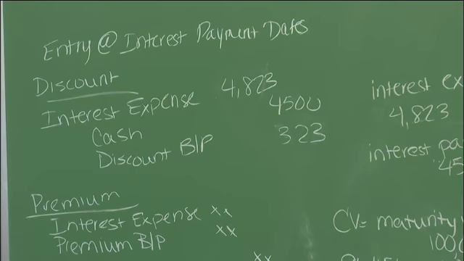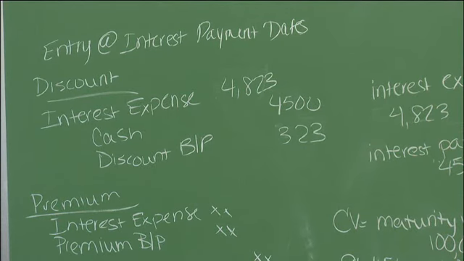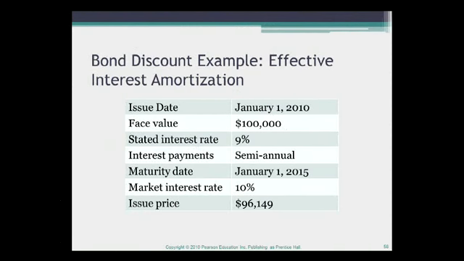Okay, you notice in your slide, we don't have a credit to cash, we have a credit to interest payable. Why? This just goes back to the dates. These bonds were issued on January 1, 2010. Semi-annual interest would mean interest is paid on July 1 and January 1.